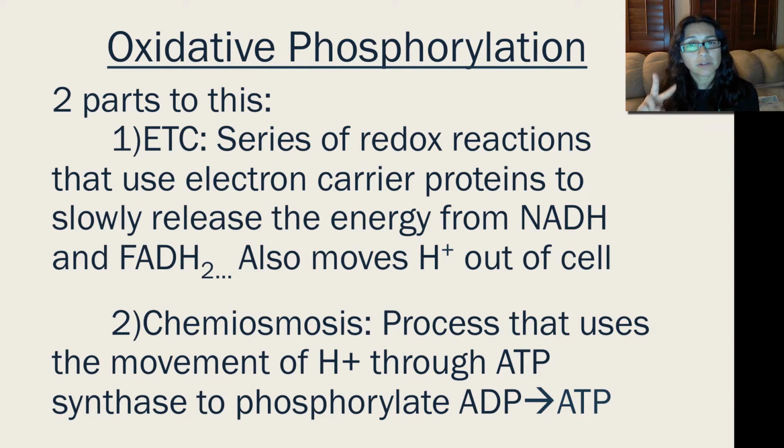There are two parts to oxidative phosphorylation. The first is the electron transport chain. The electron transport chain is a series of redox reactions where you reduce and oxidize electron carriers. So the electron transport chain is passing on electrons, which of course we know is oxidation and reduction happening.